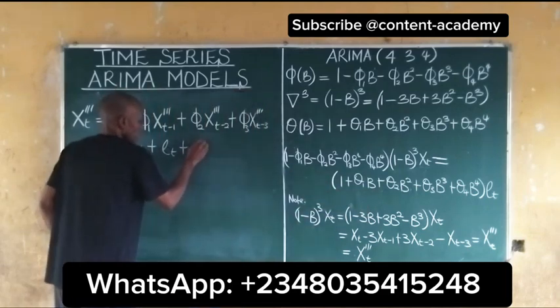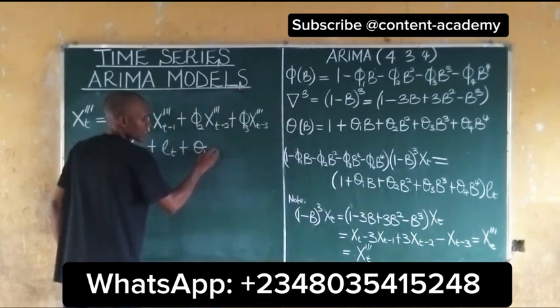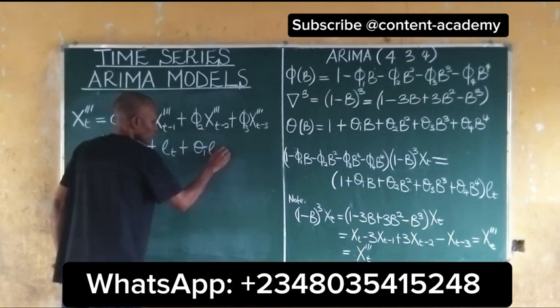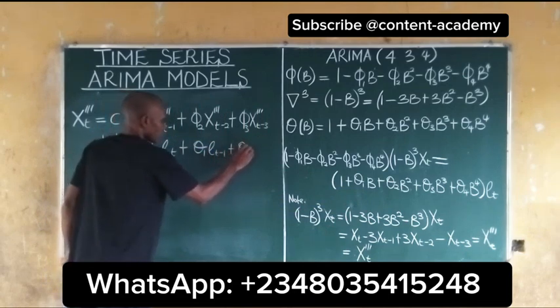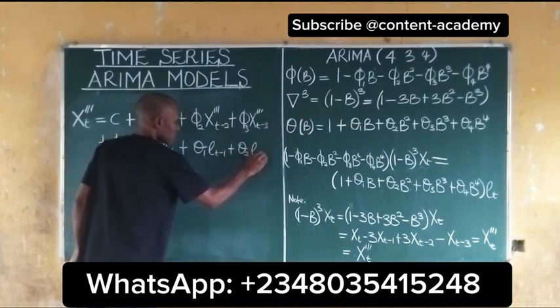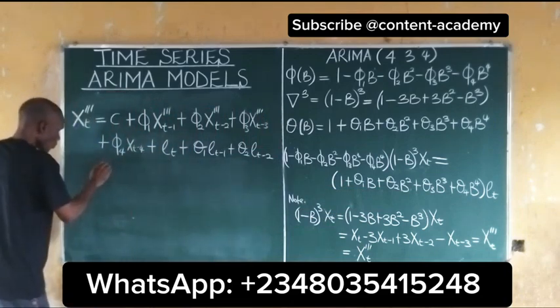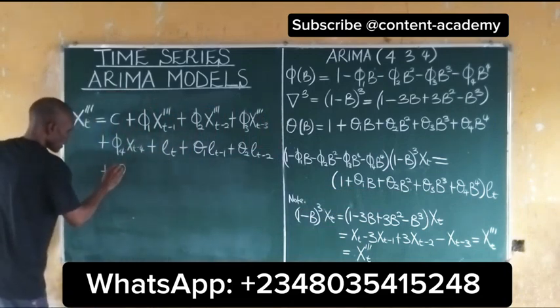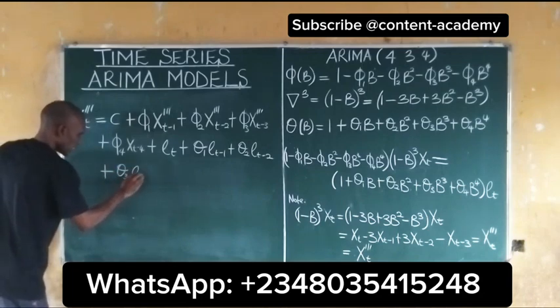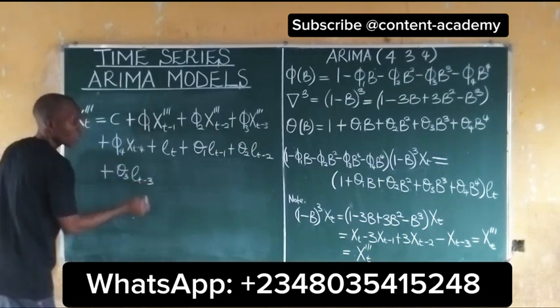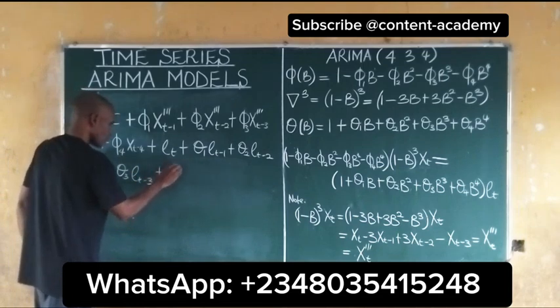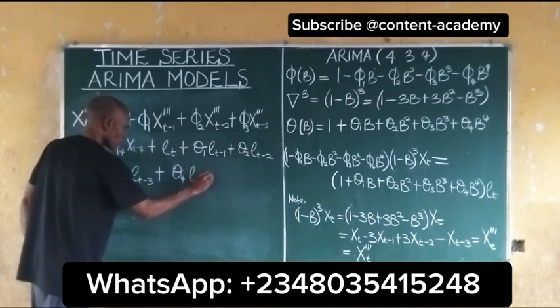So we have theta 1 Et minus 1 plus theta 2 Et minus 2 for the second one, and the third one plus theta 3 Et minus 3 plus theta 4 Et minus 4.